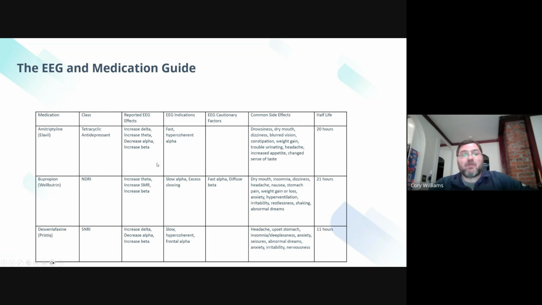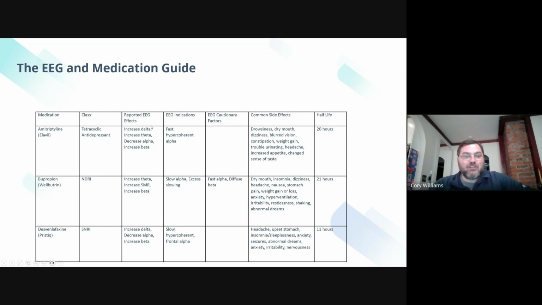The last thing to note here, in the reported EEG effects, we have written down everything that's noted in the literature. But just like with common side effects, if you give somebody amitriptyline, they're not going to experience all of these side effects, right? They might get one, they might get two, maybe if they're really sensitive, they get more, but very few people are going to have all of them.